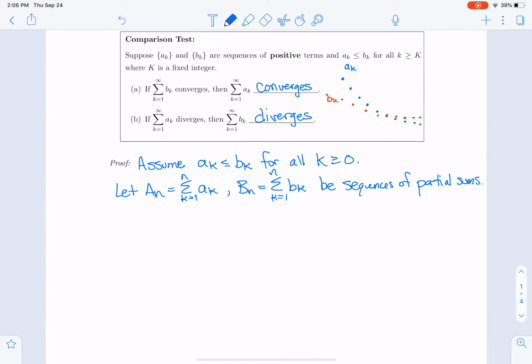Now, since the terms are both positive, we can say that A sub n and B sub n, the sequences of partial sums, are increasing sequences.